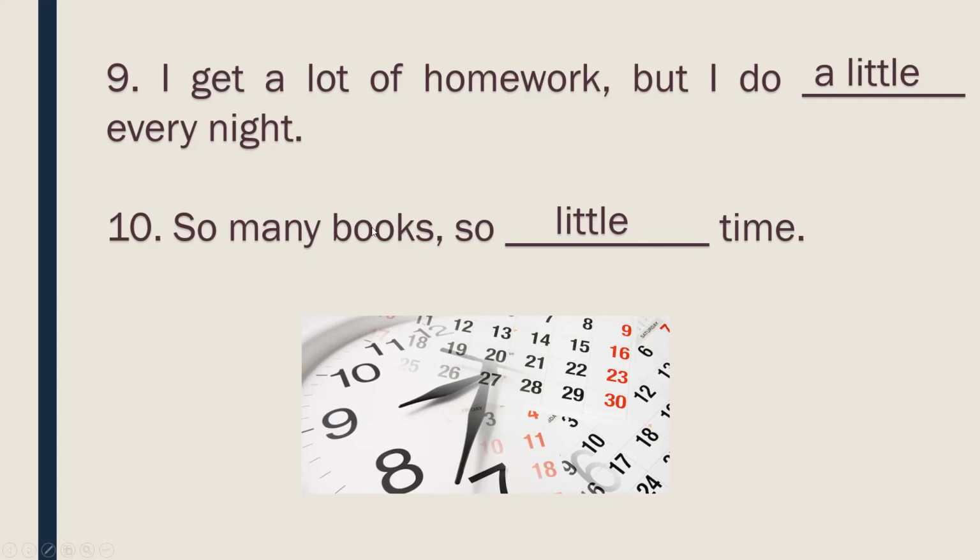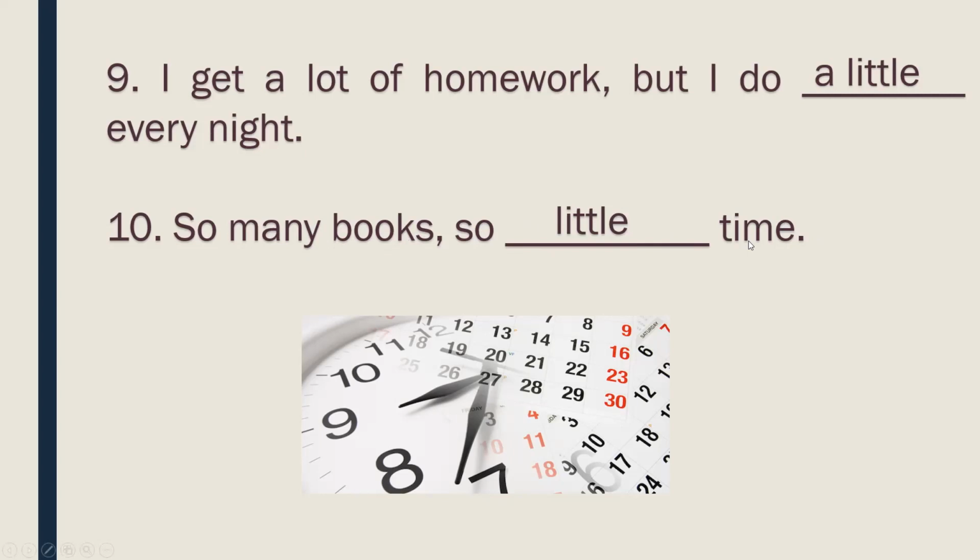Okay, so it's a contrast of ideas. And I'm saying that I have so many books to read and so little time. Okay, many books because books is countable. I can count. Little time because time is uncountable.